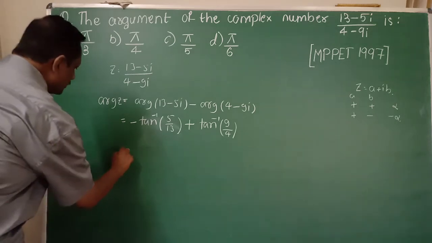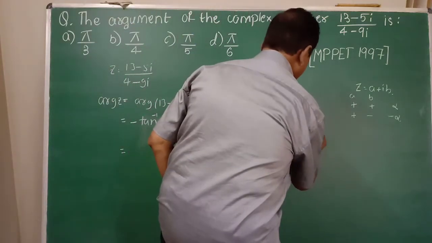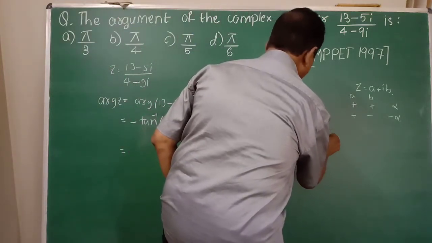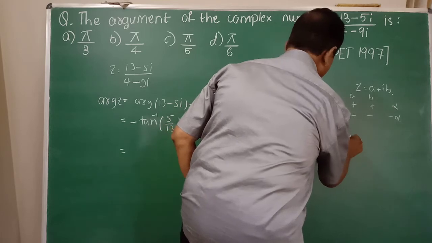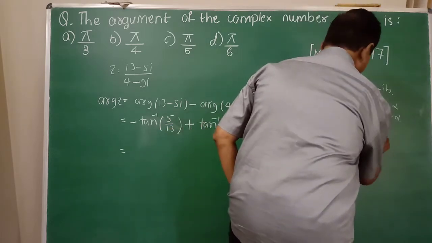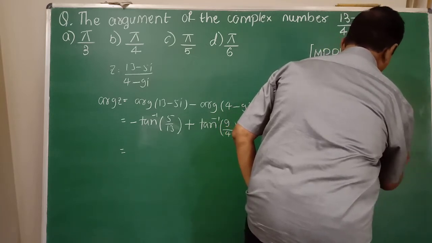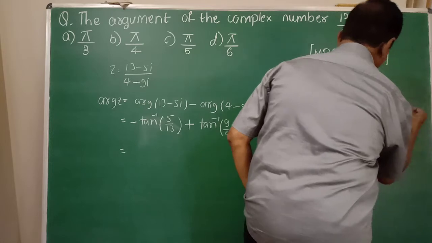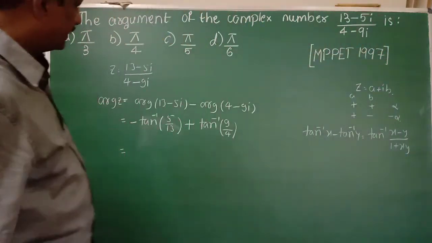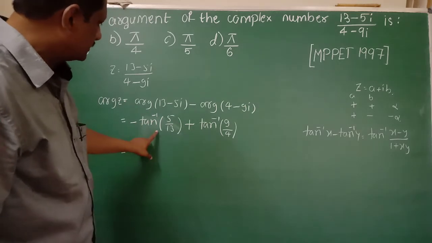Therefore this is equal to, you know the formula, tan inverse of x minus tan inverse of y is equal to tan inverse of x minus y divided by 1 plus xy. So apply that formula here. Here is tan inverse x minus tan inverse y.